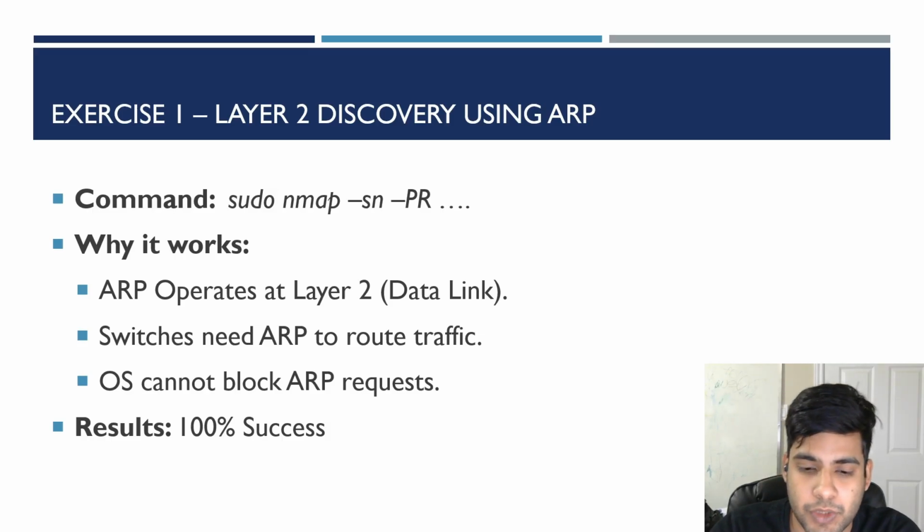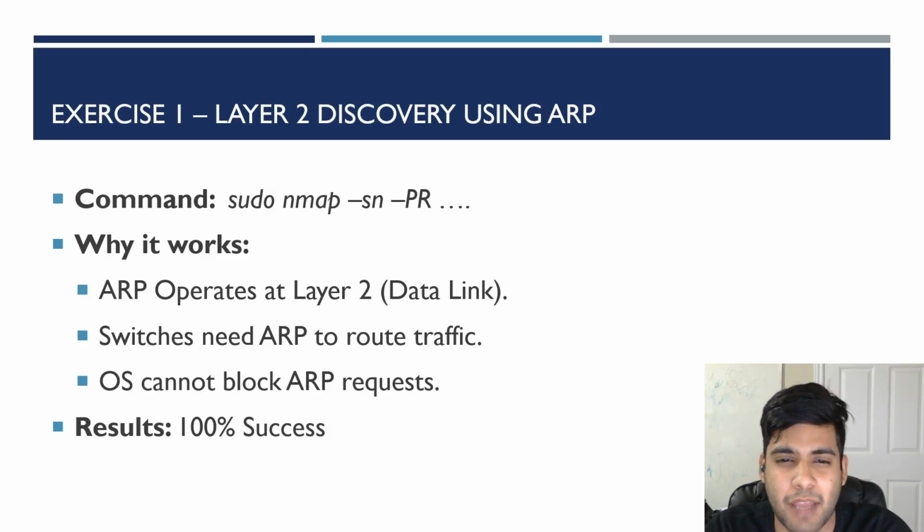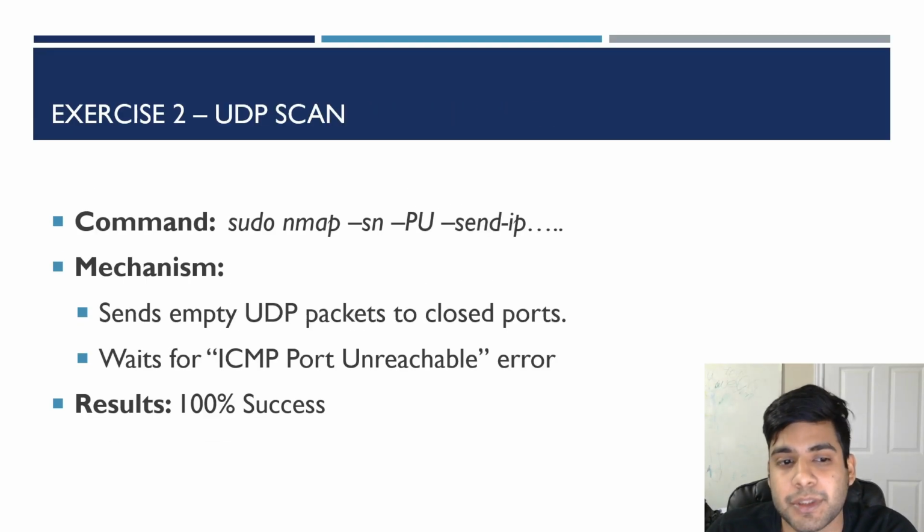In a layer 2 network, they don't need to know the IP address to know a host is alive, whereas ping can only be done by an IP address. So in this way, we are sending ARP requests. Even if ping is blocked by their machines, the ARP request still went through, and it gave us 100% success.